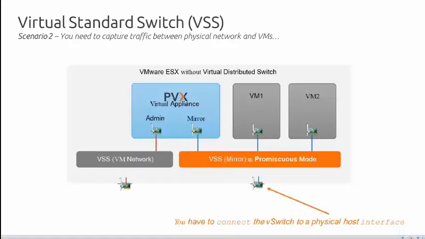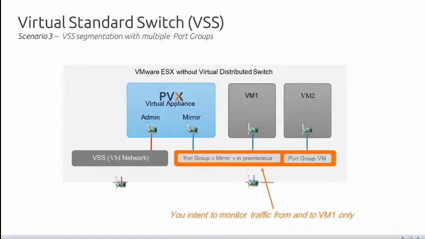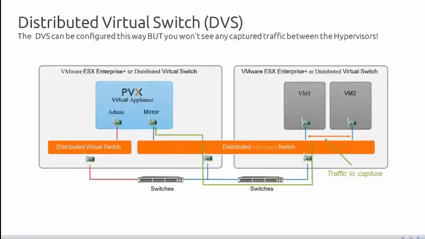And it's a lightweight appliance. The PBX virtual appliance is lightweight from a capture perspective, so it's not putting a huge burden on your environment to have this deployed. We can do that across virtual standard switches, utilizing port groups, mirrors, and promiscuous mode, etc. And we can do that in the distributed virtual switch environment, once again with a Performance Vision capture appliance on each hypervisor.